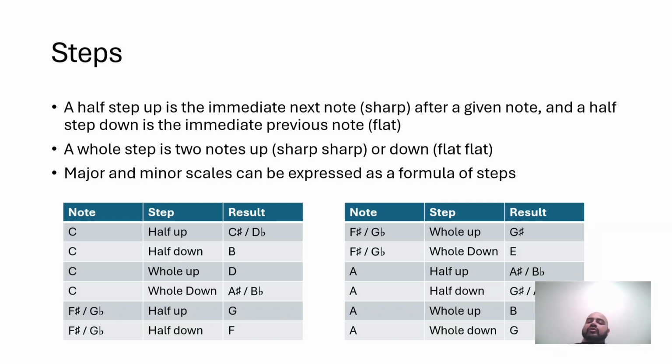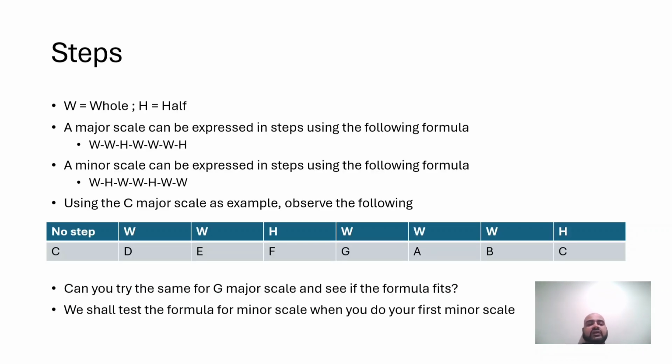The A note over there is provided as an example for you to see that the half steps up and down are going to be sharp or flat notes like the black keys on the keyboard, and the whole steps are just going to be the white keys or natural notes. As mentioned before, a major scale or a minor scale can be expressed as a formula of whole or half steps.